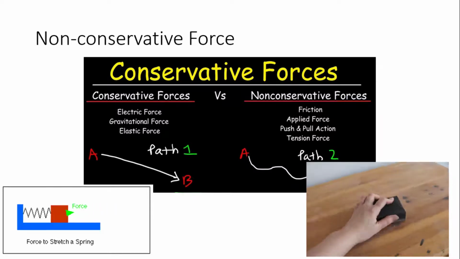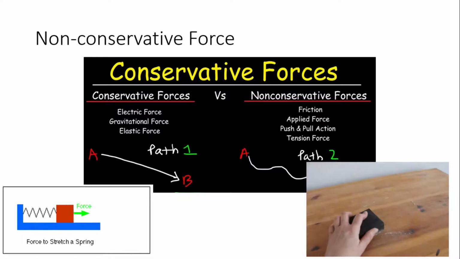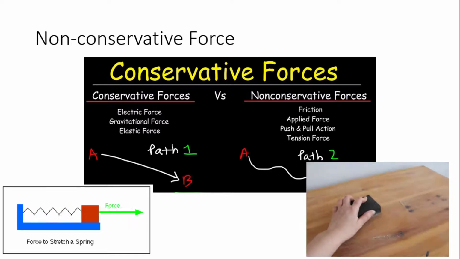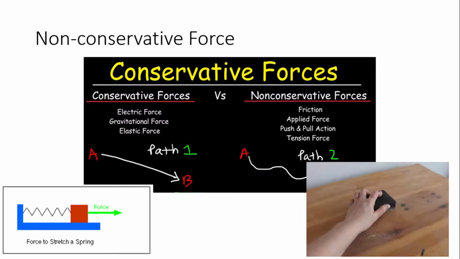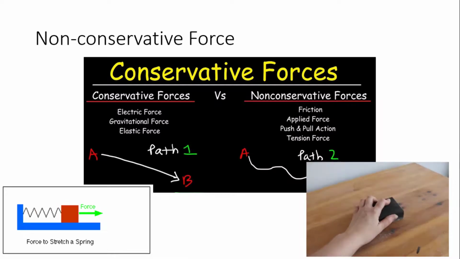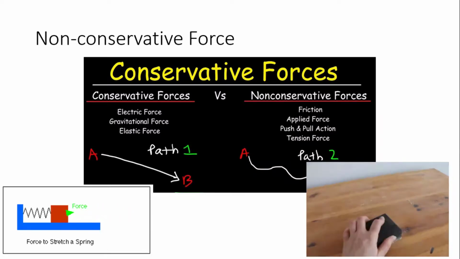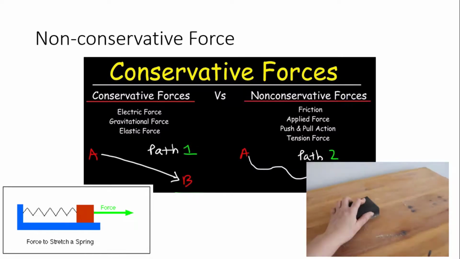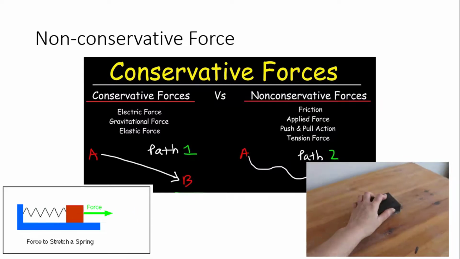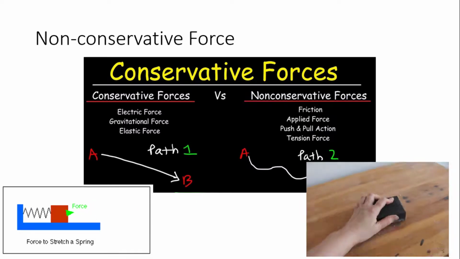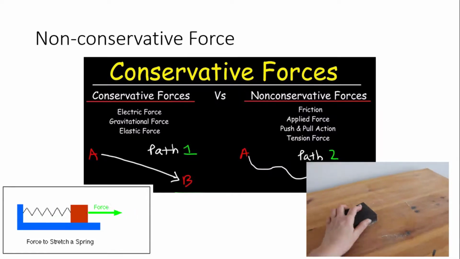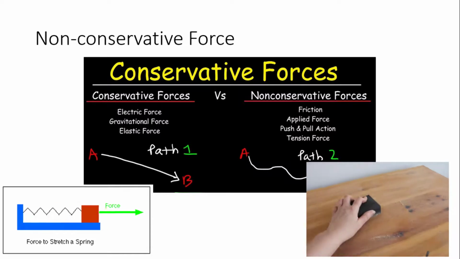But if you put a force on an object, like if you're sanding something, that's friction force. It's between two surfaces, and it really matters the path that you take. With a spring, you can go back and forth and back and forth, and as long as you stretch it to the same amount, you're going to get the same amount of energy back out of it. With friction force, a non-conservative force, the energy is not conserved in a way that you can get it back out, that is, the path matters.